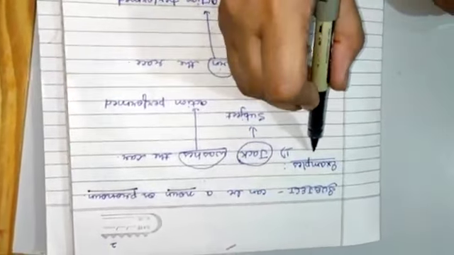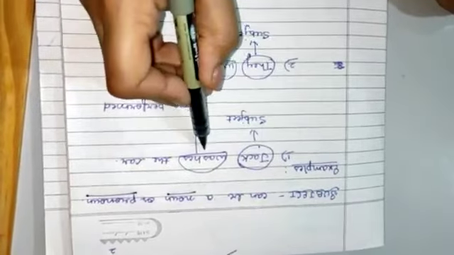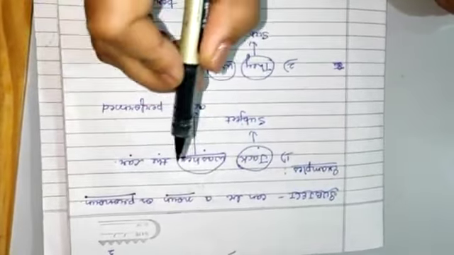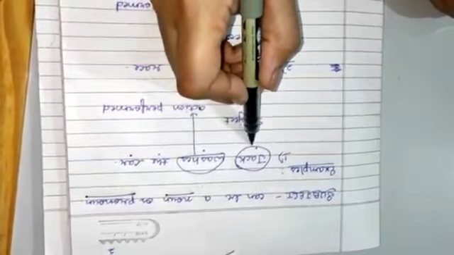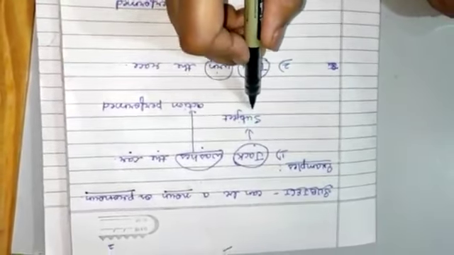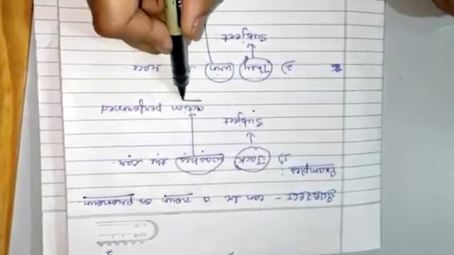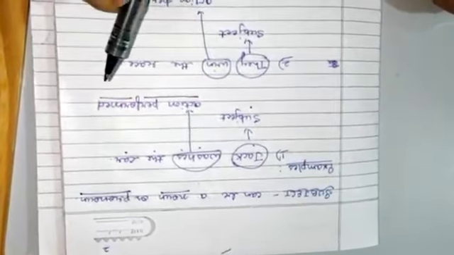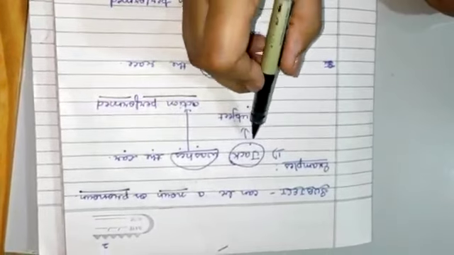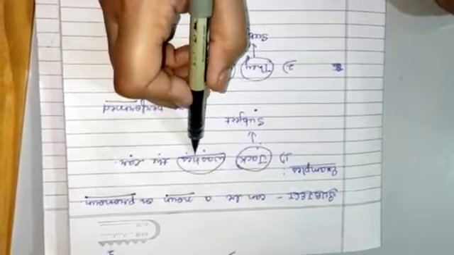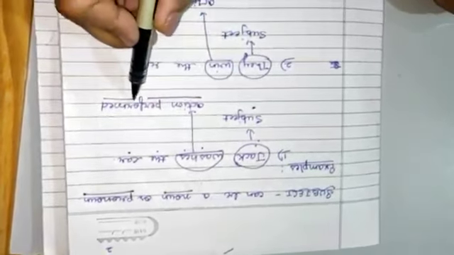Like, take an example. Jack washes the car. Now here, Jack is the subject and washes is the action performed. Make a note. Jack is the subject and washes is the action performed.